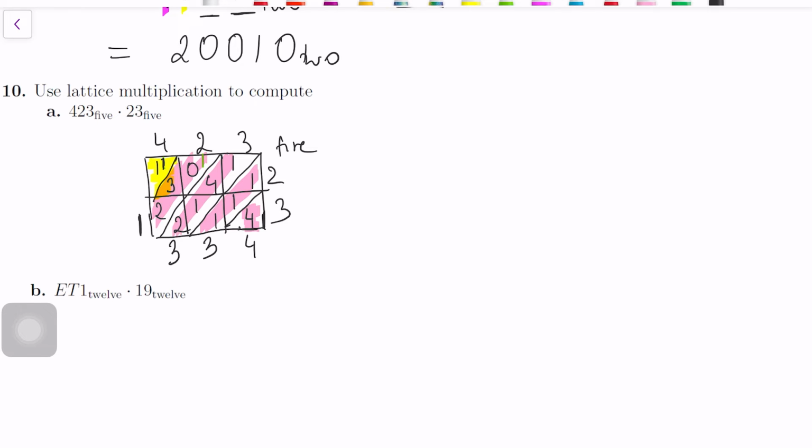So always record the number of units, and the number of longs or 5s are carried over, and this is just 2. So now if we read from the top here and we just go down, the result is 2 1 3 3 4 in base 5.